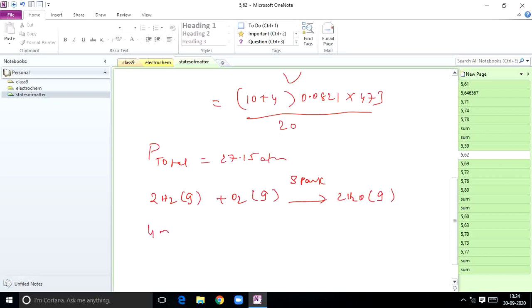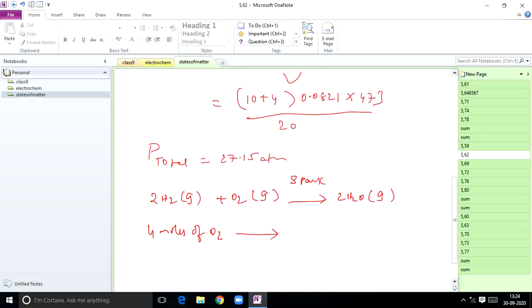So 4 moles of oxygen, if this is spark, if you raise the temperature, 4 moles of oxygen interacts with how many moles of hydrogen? 4 moles of oxygen will react with, according to the equation, twice that.